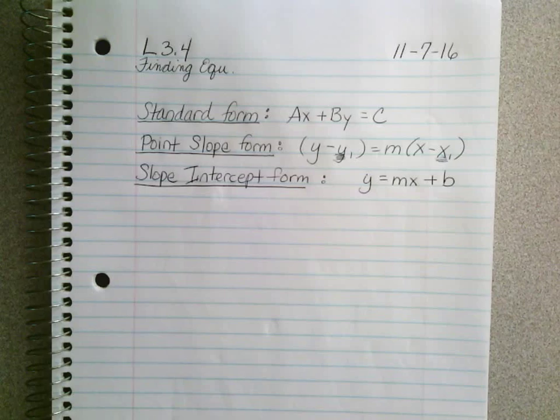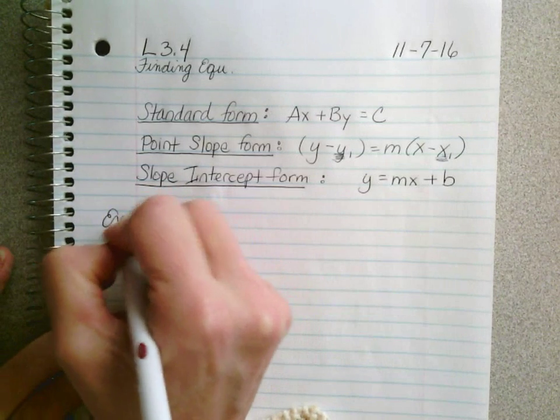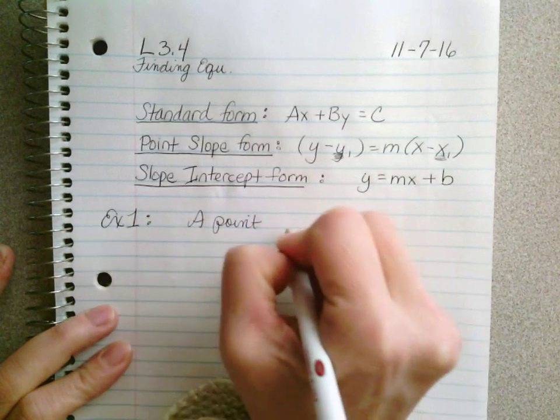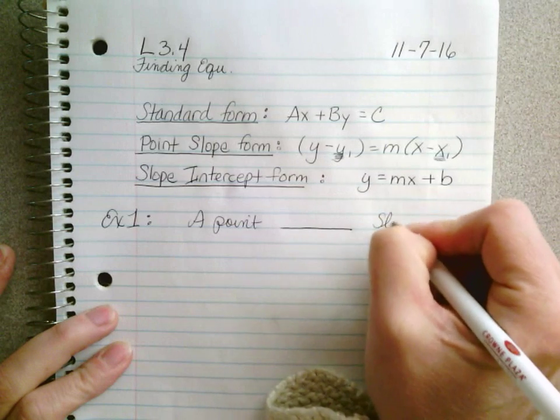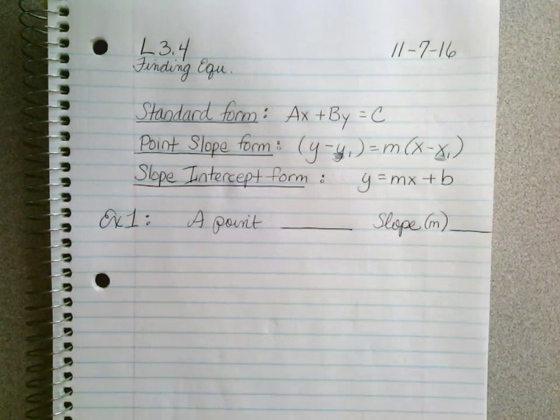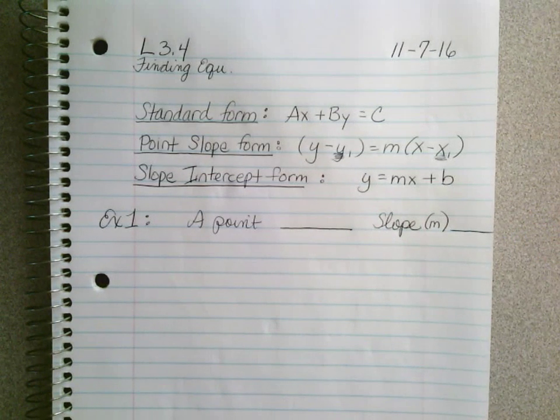Example 1, if you are given a point and a slope, which is traditionally abbreviated as m, solving for a standard form equation begins with you utilizing point slope form and then backtracking.